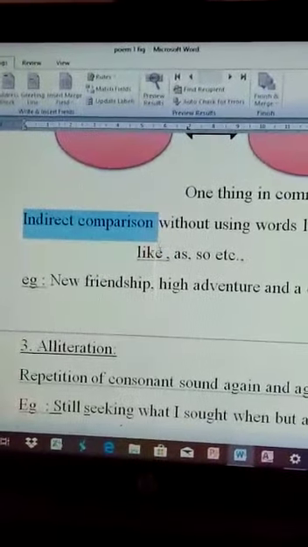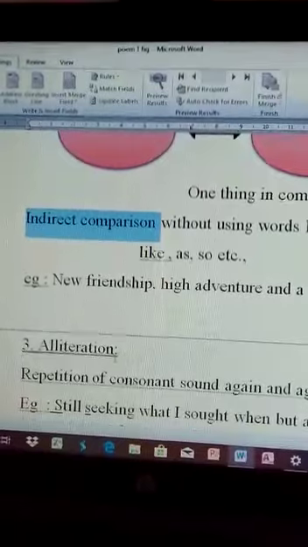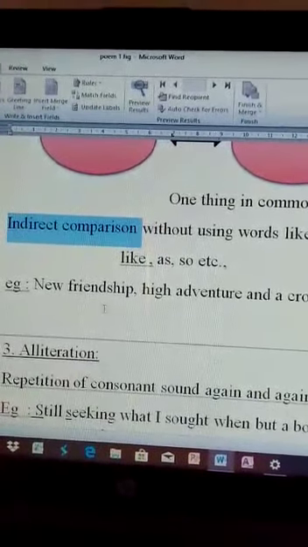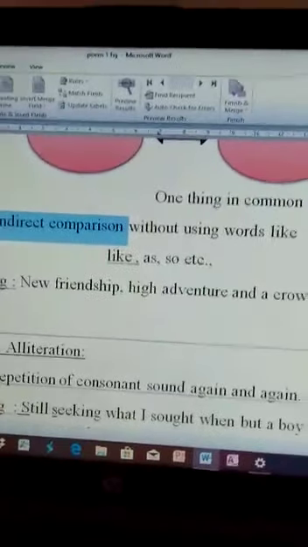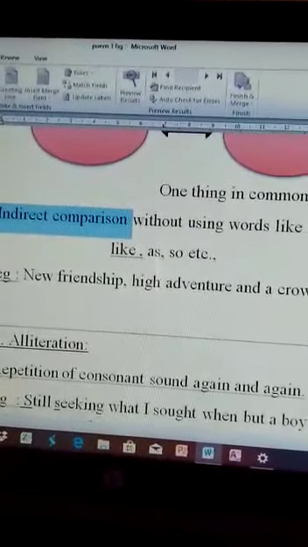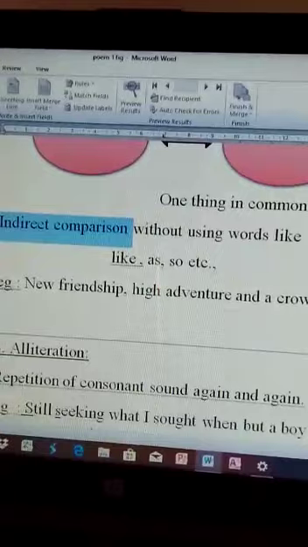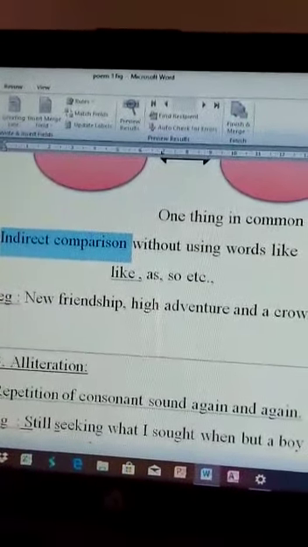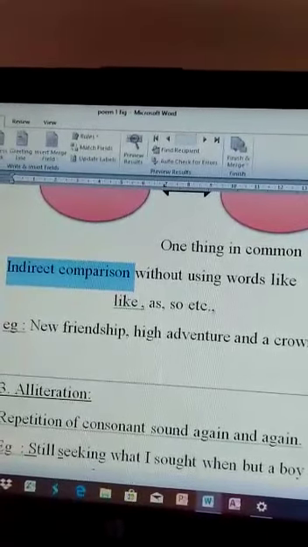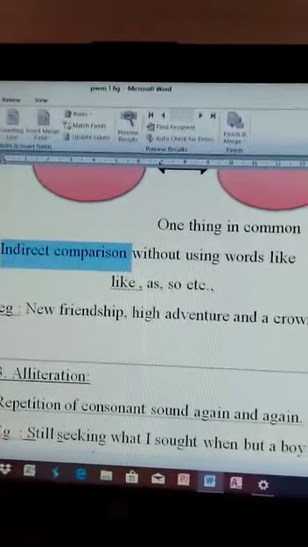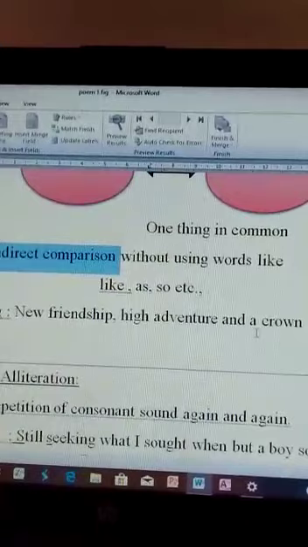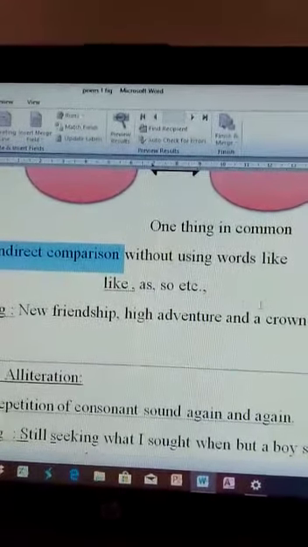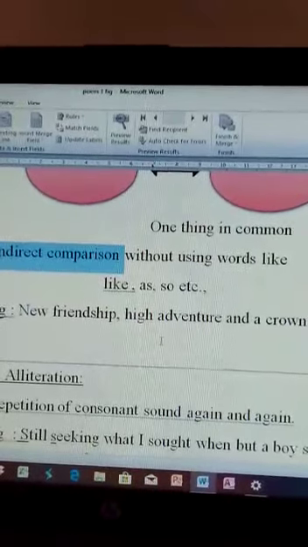In which line can we find a metaphor in this poem? "New friendship, high adventure, and a crown." The poet is wishing that he wants a new friendship, high adventure, and a crown, the highest position. So he wants to be a simple boy who wishes for everything, whether he can get it or not.